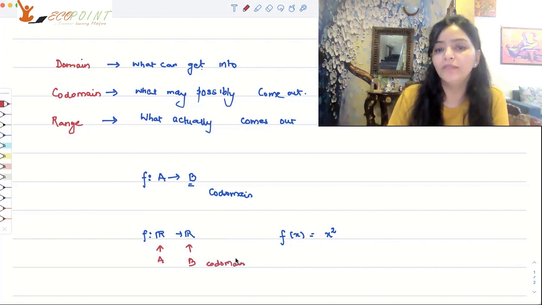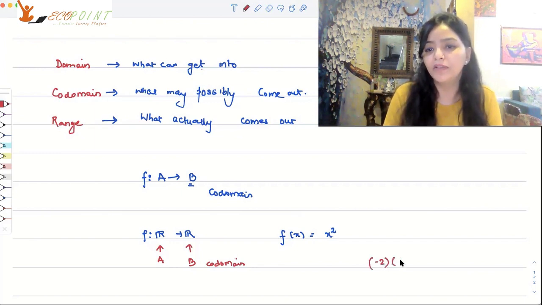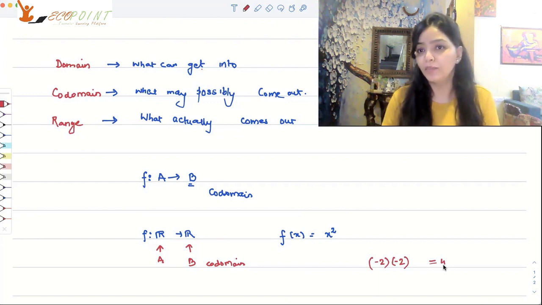So we are saying that when you square any real number, you will possibly get a real number, right? But since I have the formula x squared, I know how to exactly square and find out the value of the output. So when I take a negative number and multiply it 2 times, that's what square is all about, I'm getting a positive number.